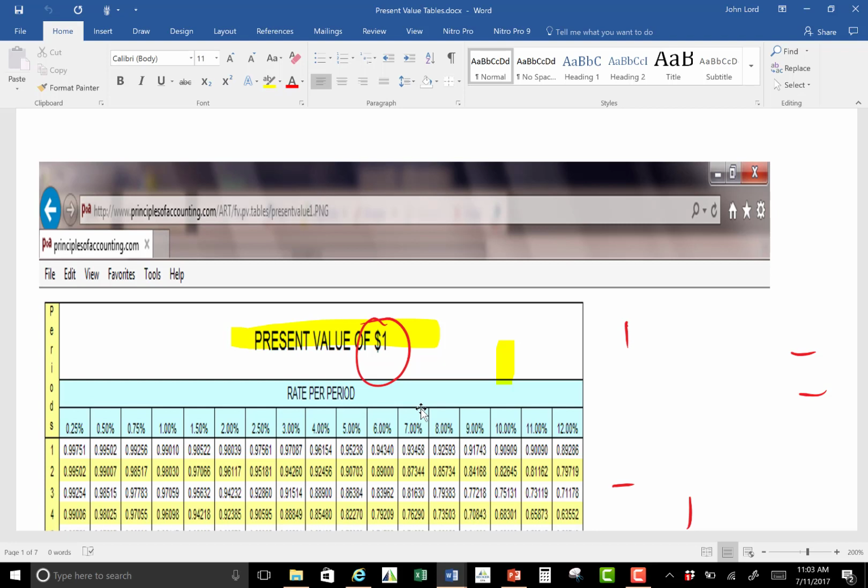Which is how we're recording the present value. And you're saying, well, what should I do with between 6 and 7%? Well, what you could do is take this 0.94 that we calculated as the true factor. 0.94 is the true factor.